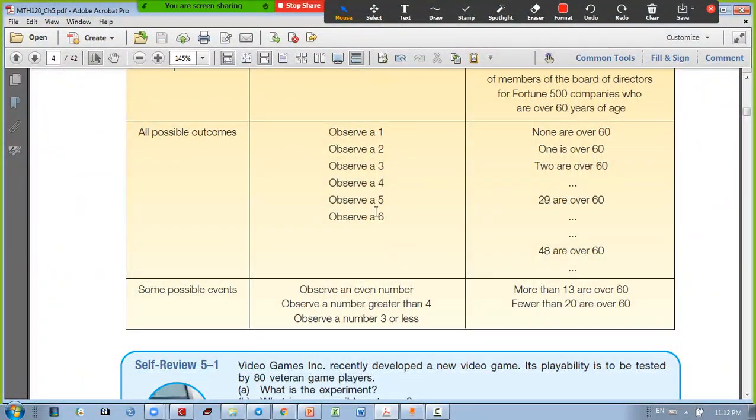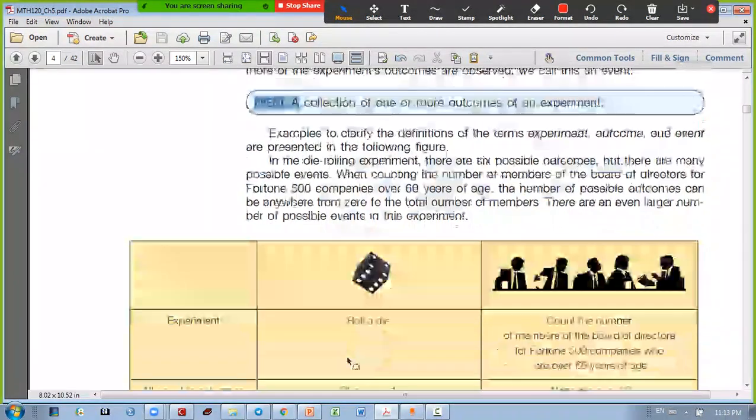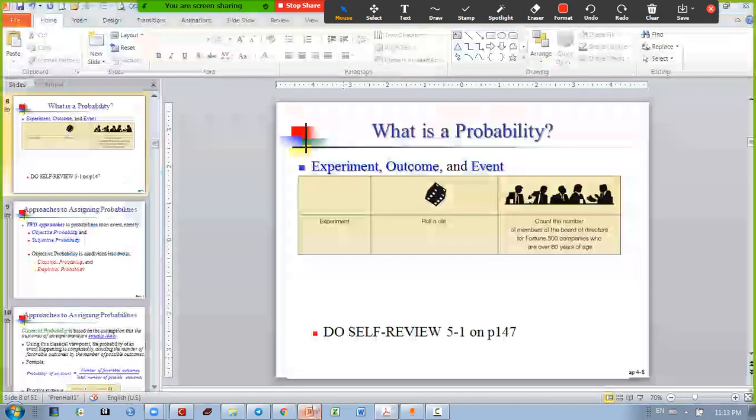This is what I showed you. This is what you need to study and find the answers. Self-review 5.1.